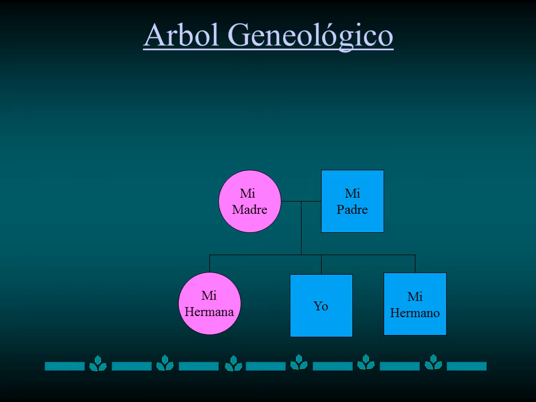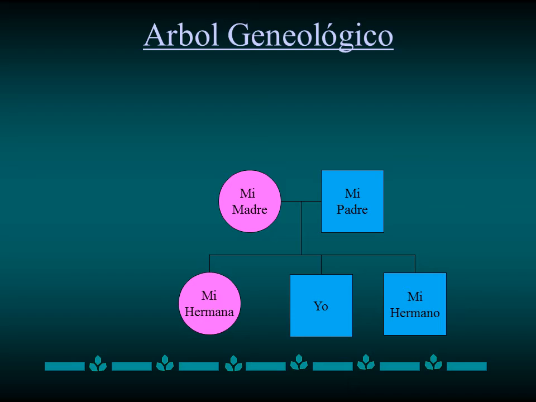So you can see there, the top pink circle is my mother, mi madre, y mi padre is the blue square. Then below, they have 3 kids here. Mi hermana, that's my sister, the pink circle, y mi hermano is the blue square. Mis padres tienen 3 hijos, mi hermana, mi hermano, y yo.